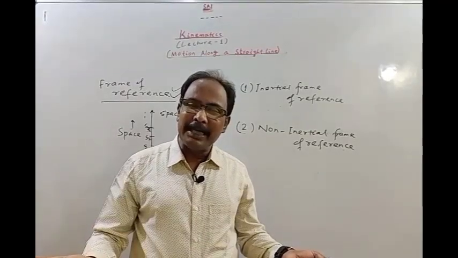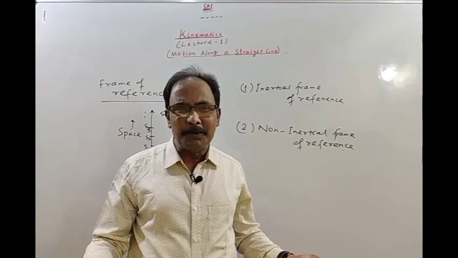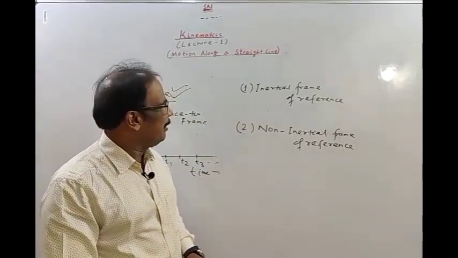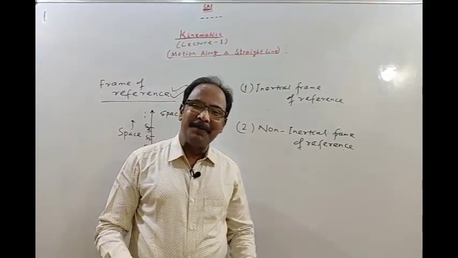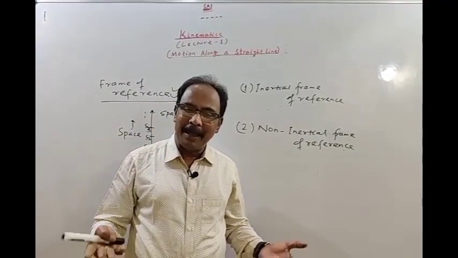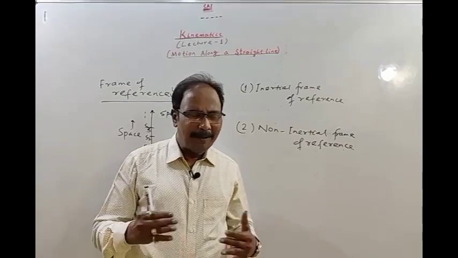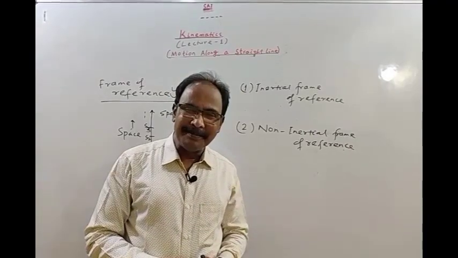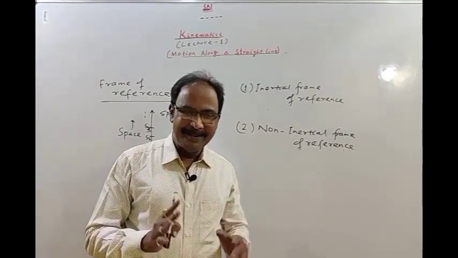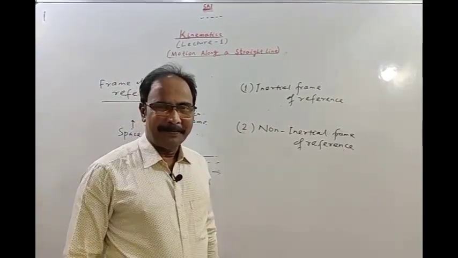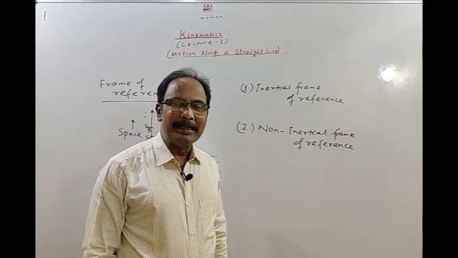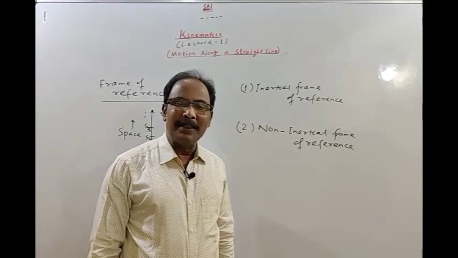Again, velocity changes, means it is accelerated motion. Okay. Thus, finally, a non-inertial frame of reference is one which moves with varying velocity, or moves with acceleration. Clear? Then my last question about frame of reference on this lecture.